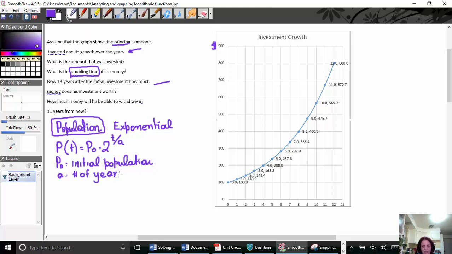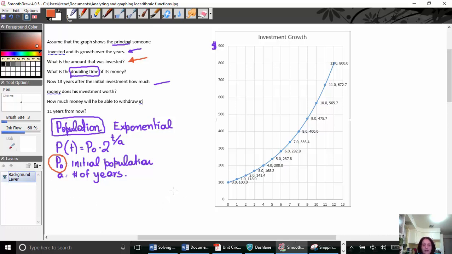In order to answer our questions, we have to focus on the specific graph. So the first question is, what is the amount that was invested? So this should be the initial investment, meaning the initial population.